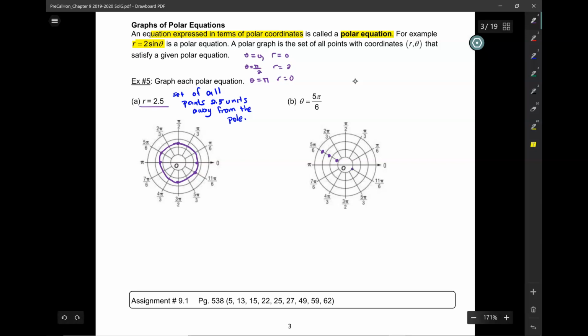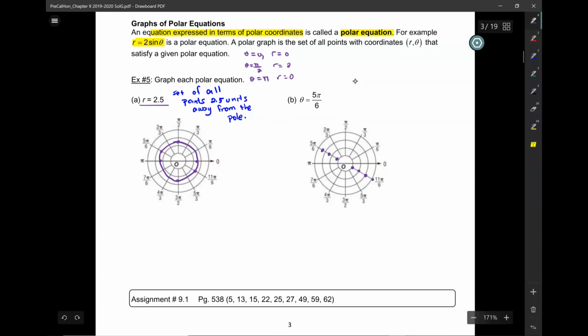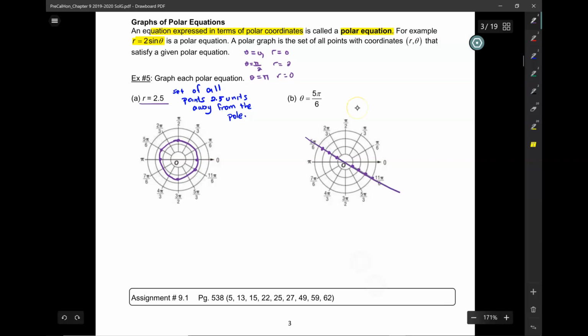So if you continue, you could go in the positive direction or in the negative direction, and that entire set of points. You don't have to make it that big. Okay, that's how you graph theta equals so-and-so, okay?